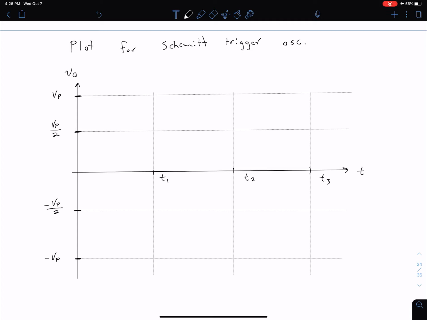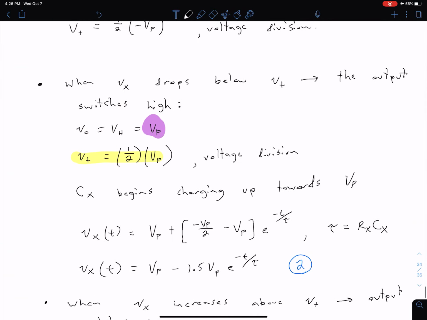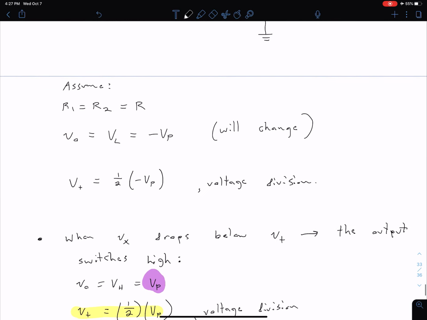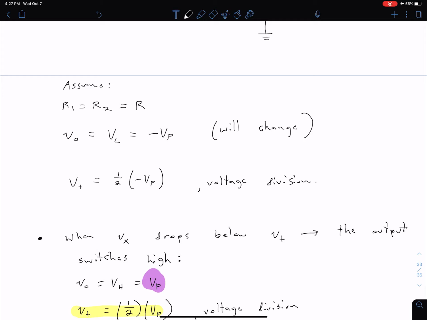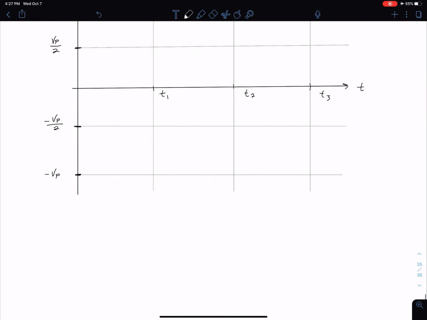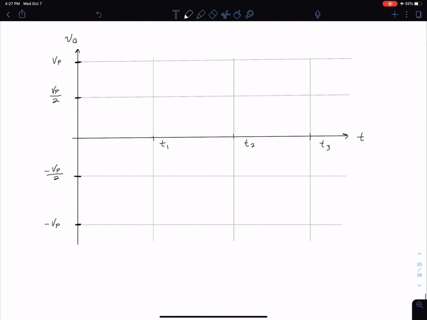So what we're saying is that initially, if we're charging up, so let's say we came in here when we were charging, our plot's going to be a little different to match with the notes, but let's say initially we had our voltage at our V plus down here.